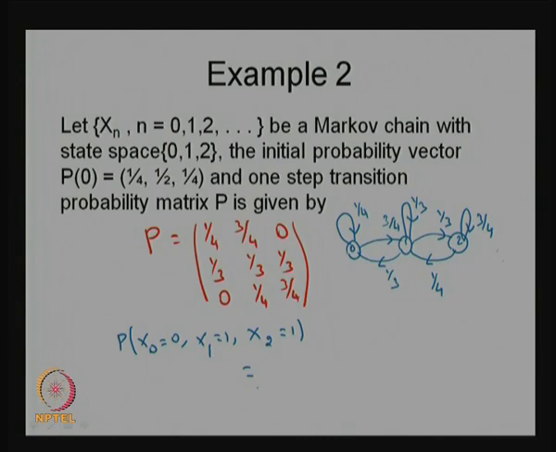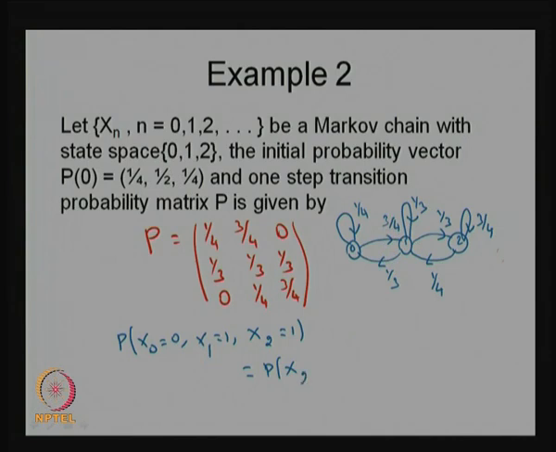The joint distribution you can write as the product of conditional distributions, and by using the Markov property, you reduce each to the conditional probability of only one step. By probability theory, the joint distribution is the product of conditional distributions, and by using the Markov property you reduce it to another conditional distribution.